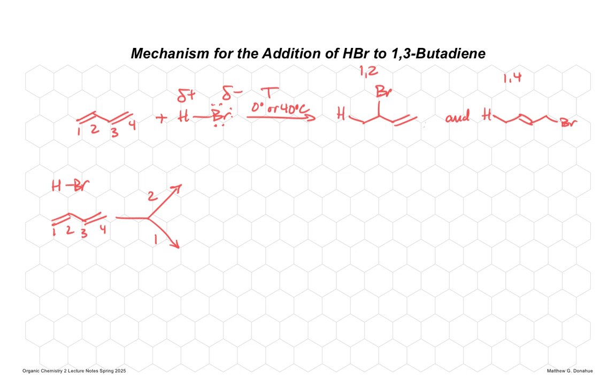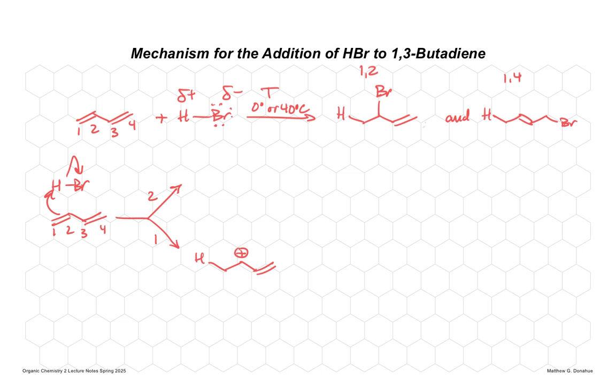So from the pi bond, we're going to use that to abstract the hydrogen. If we go down path 1, carbon 2 is going to end up as a carbocation.